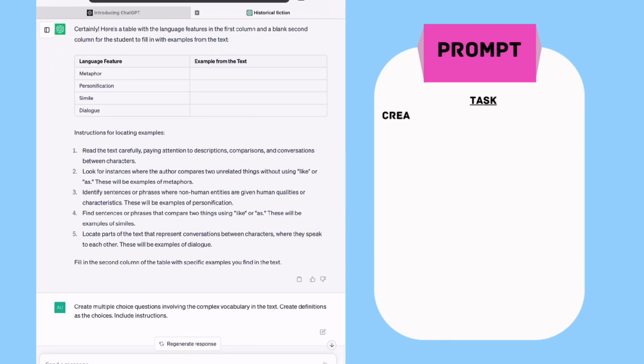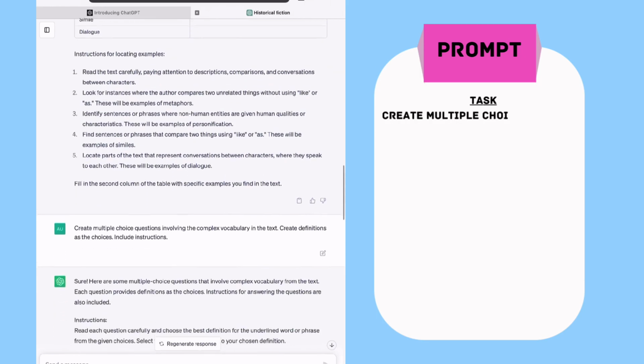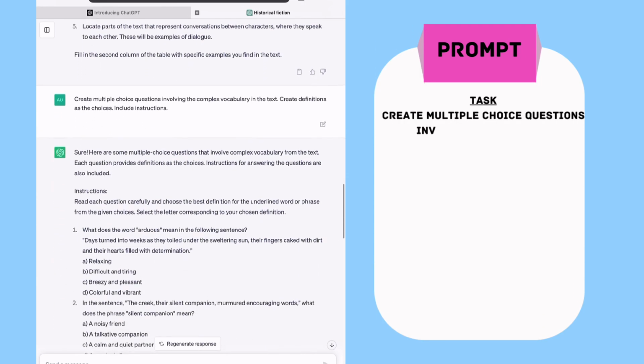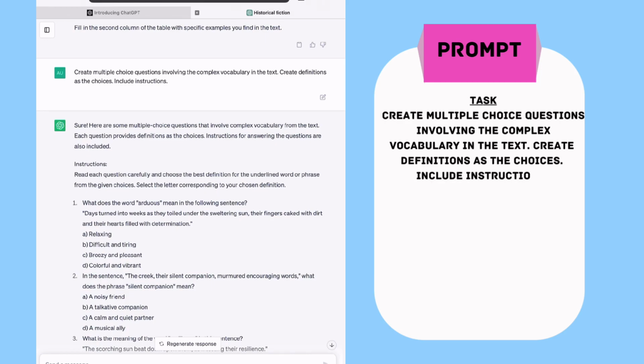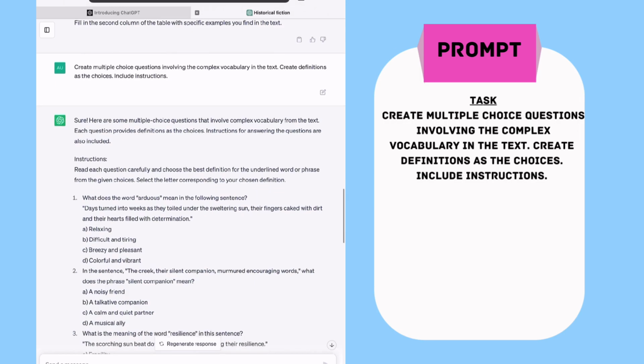So from there, I've looked at the language features of the text. The next activity I thought about doing was creating some multiple choice questions involving the complex vocabulary in the text. Obviously this text, because I did it at a Lexile 900, it used some more complex vocabulary. And I asked it to use definitions for the choices and to include instructions.